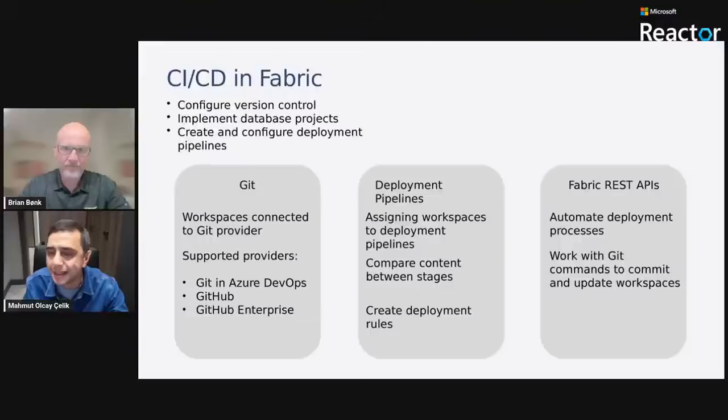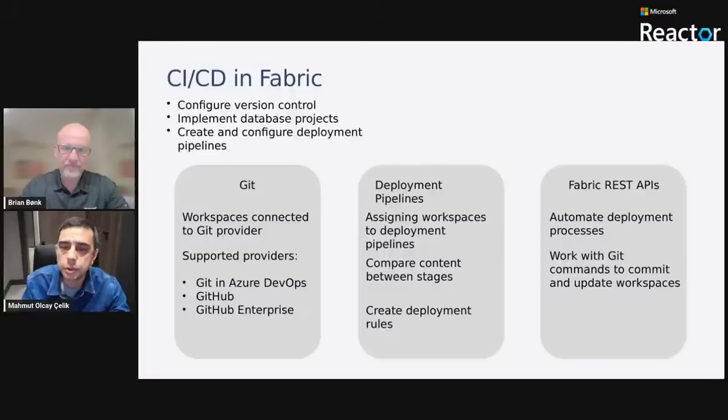To use CI/CD in Fabric, which is managing the lifecycle of Fabric items, has two parts, Brian. First of all, integration and deployment. Integration is implemented using Git. Deployment is implemented using Fabric deployment pipelines. And automation of deployment or integration is implemented using REST APIs. If you're wondering what Git is, Git lets your team collaborate using branches and provides version control.